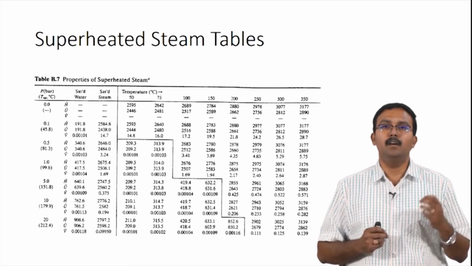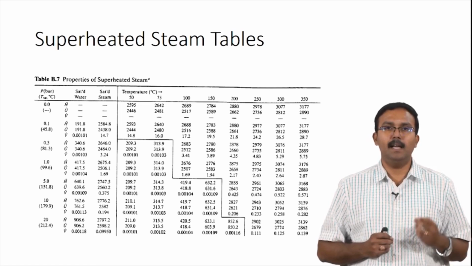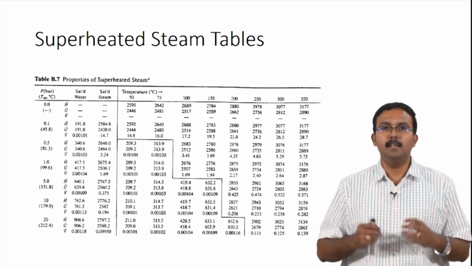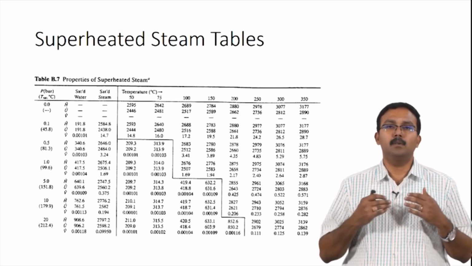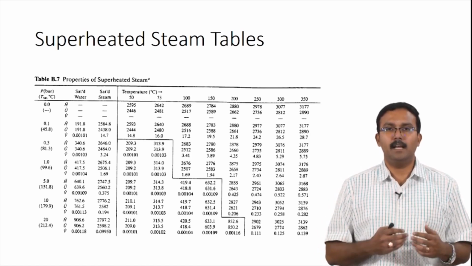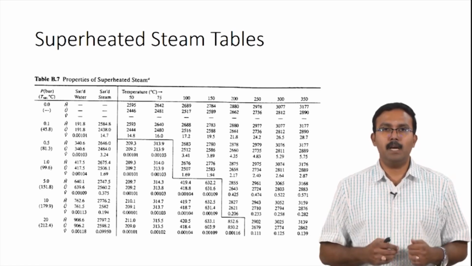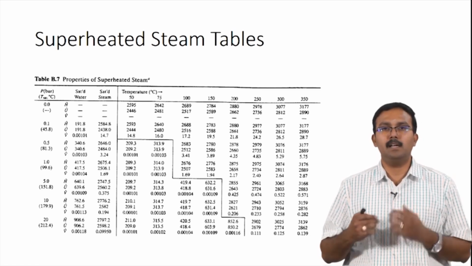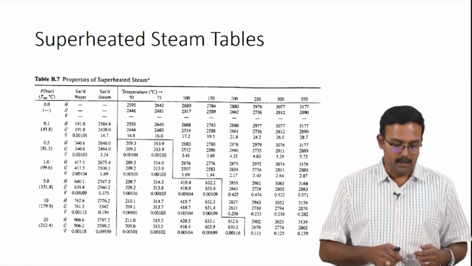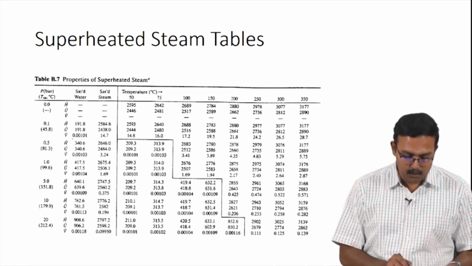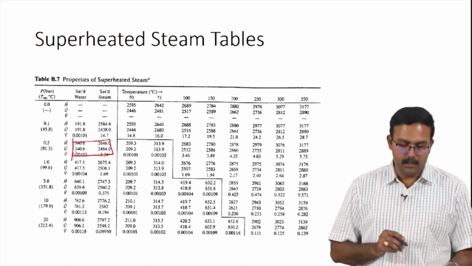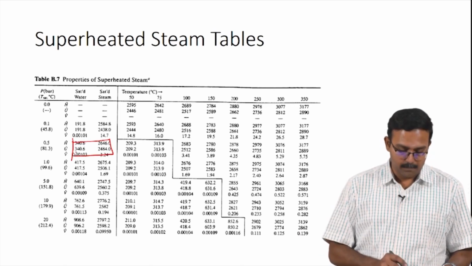So, if you have 0.5 bar and 81.3 degrees Celsius, then you have a point on the vapor liquid equilibrium. The values for H cap, U cap and V cap can be obtained from the saturated water and saturated steam values given in the columns here.